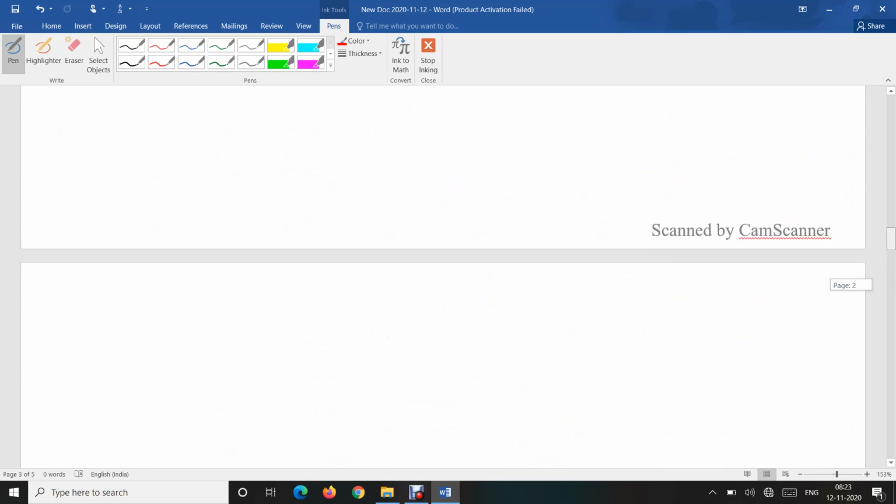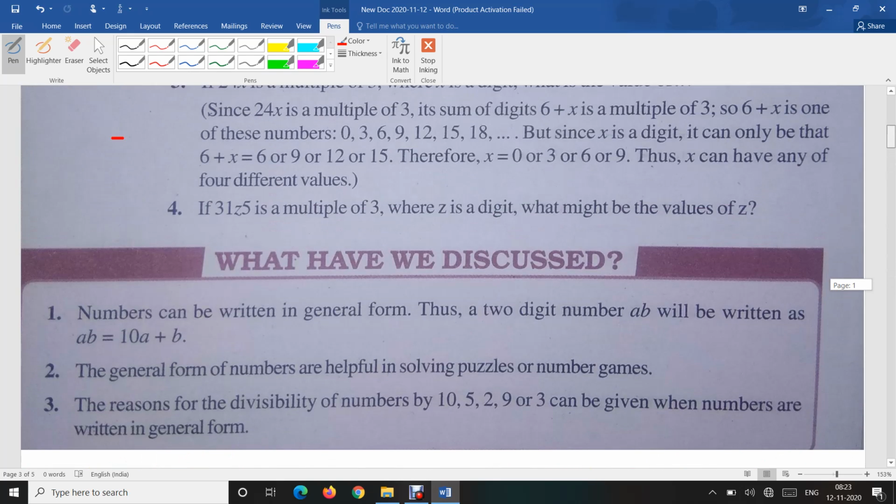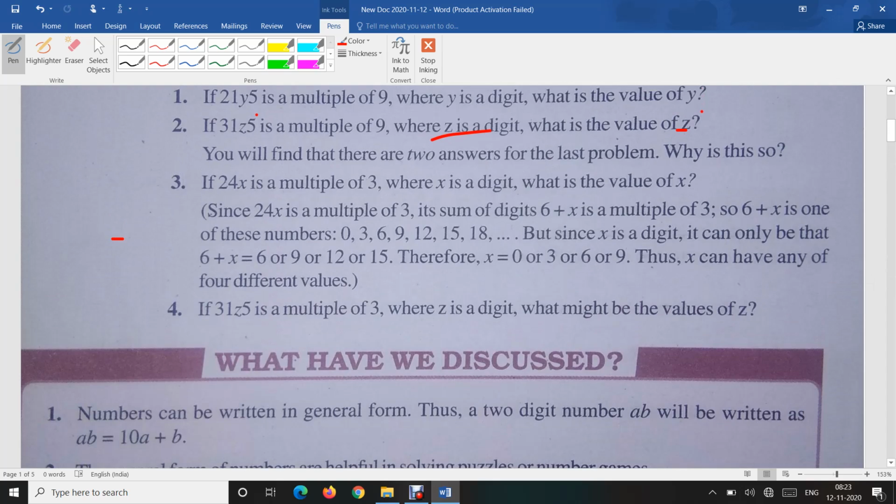Let us move towards the next question, which is question number 3. Question number 3 says, if 24x is a multiple of 3, where x is a digit, what is the value of x? For a multiple of 3, the condition is that the sum of all the digits of a number should be a multiple of 3.